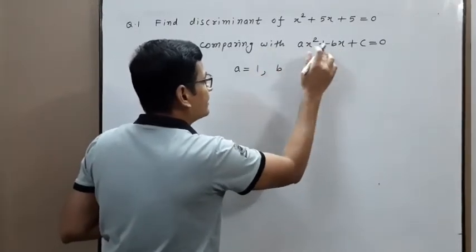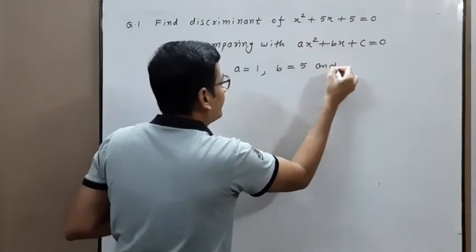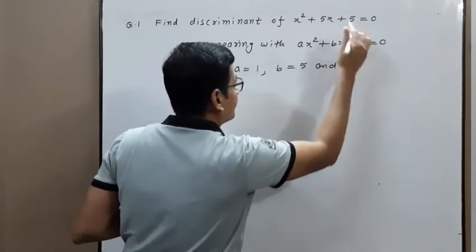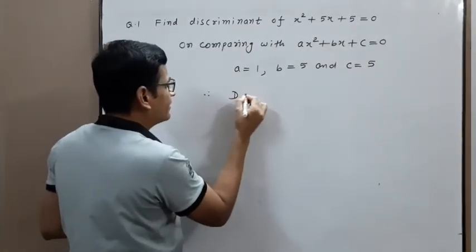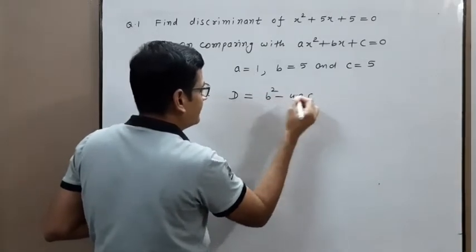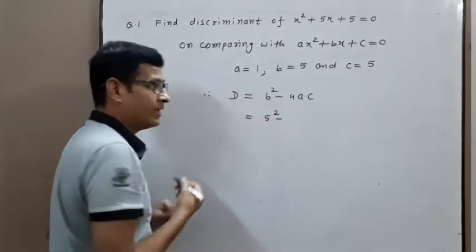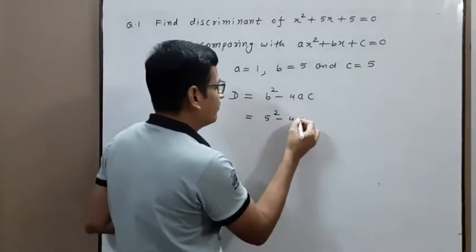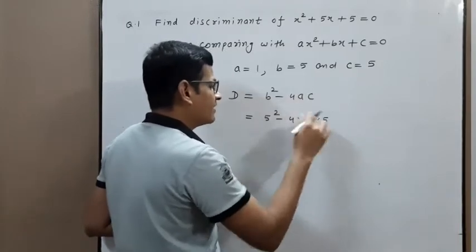Coefficient of x means b equal to 5. And the constant term c is equal to 5. Therefore the discriminant is denoted by D equal to b square minus 4ac. b square means 5 square minus 4 into a into c, 4 into 1 into 5. If any negative number, then always write it in brackets.